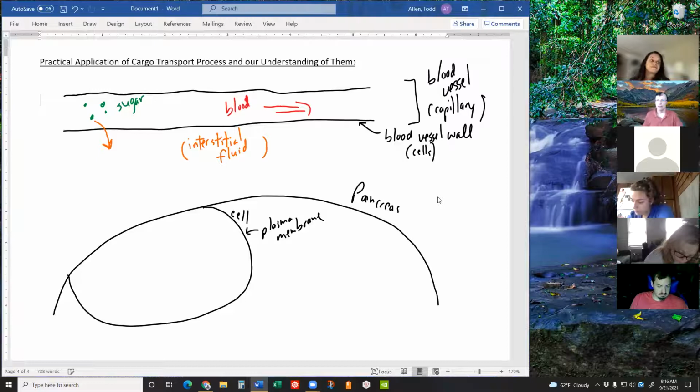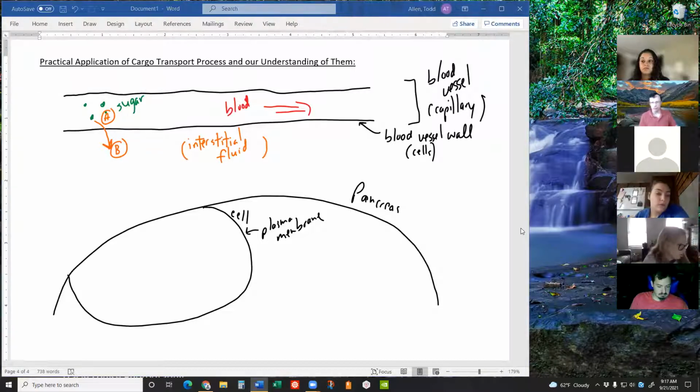There are very few areas in the body where there's just open, empty space and no liquid present. So if we're not in the blood, we're going to be in the interstitial fluid. The interstitial fluid is outside the blood vessels. So the sugar has to go from location A to location B. Here's my question to you in the chat window.